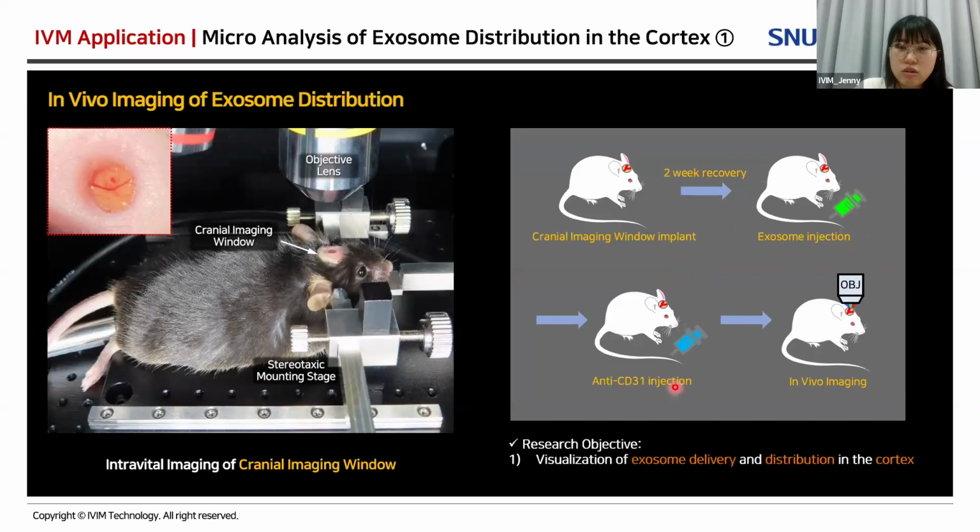And also, again, using IVM Technologies labeling kits, we injected fluorescently labeled antibodies to visualize the blood vessel structure of the brain. And intravital microscopy was then used to observe real-time exosome distribution in various spots in the brain.